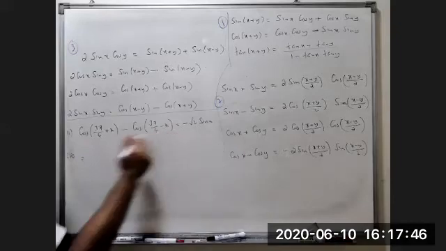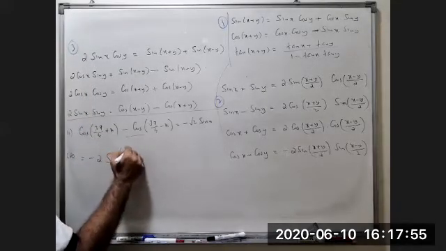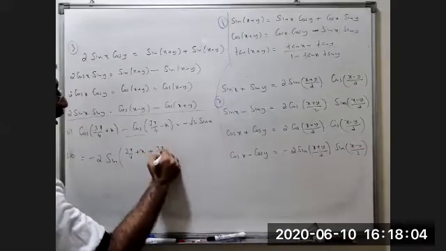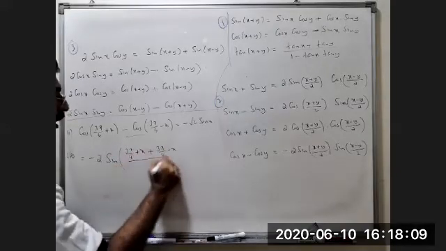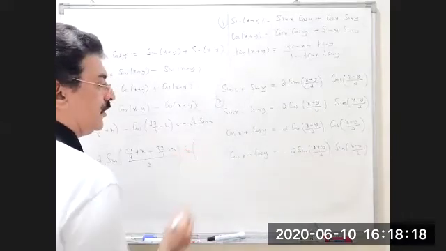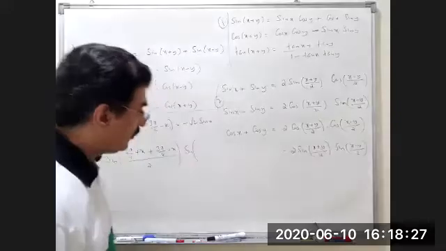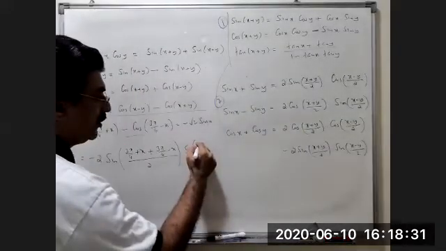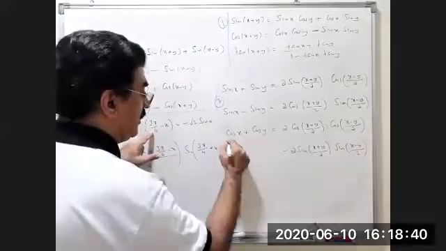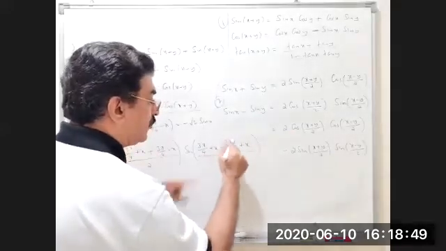So using that formula, minus 2 sin((x+y)/2) into sin((x-y)/2). Here x means 3π/4 + x, plus y means 3π/4 - x. For (x-y)/2, instead of x we have 3π/4 + x minus of 3π/4 - x.